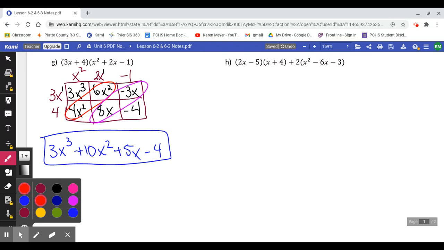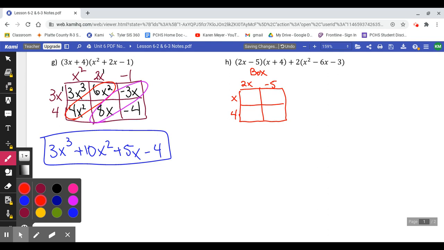Okay, H. This one's going to have you do multiple things at the same time. If I look, the first 2 parentheses are right next to each other, so that means I'm going to box them out. So here's my normal binomial times binomial box. So I got 2x minus 5 and x 4.